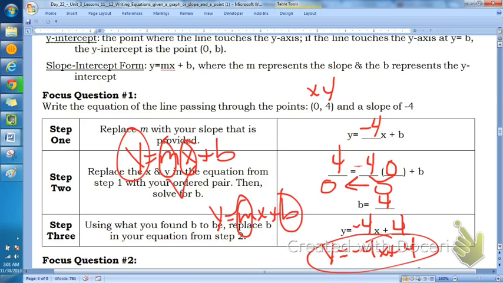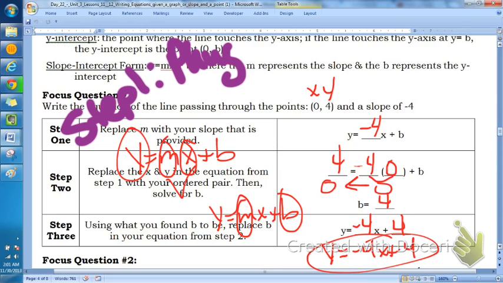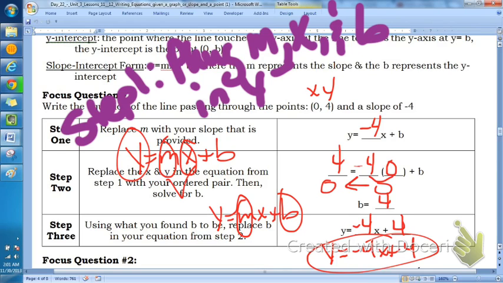So it's kind of two steps. First step, I'm going to rewrite our steps here. Step 1, I'll plug m, x, and b into y equals mx plus b.